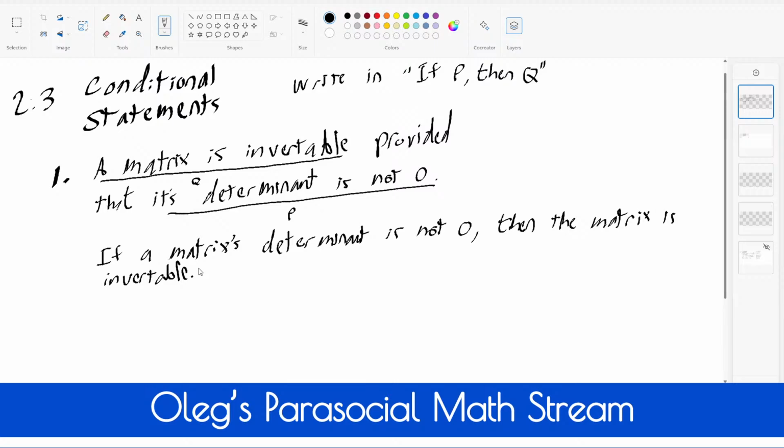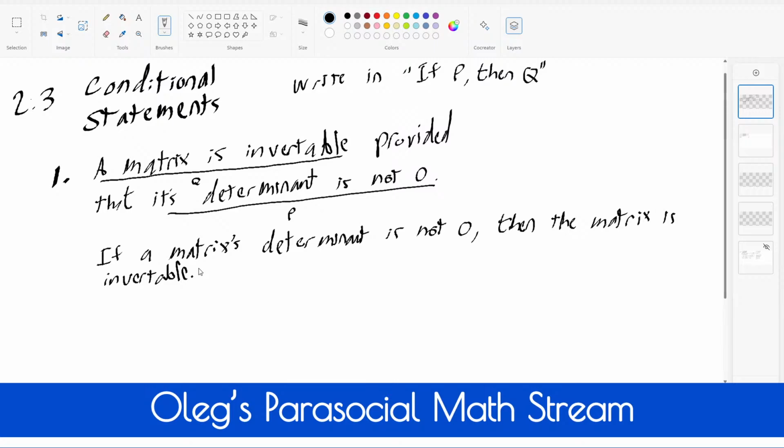I'm looking for the proper way to spell it. Okay, this isn't what I want. Okay, doesn't matter. I'm just gonna roll with that. If the matrix's determinant is not zero, then the matrix is invertible.